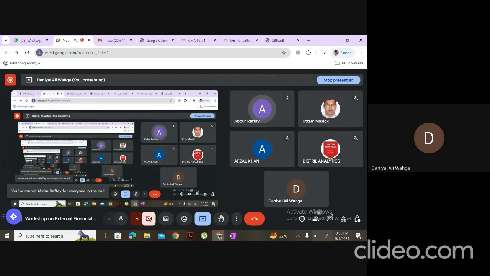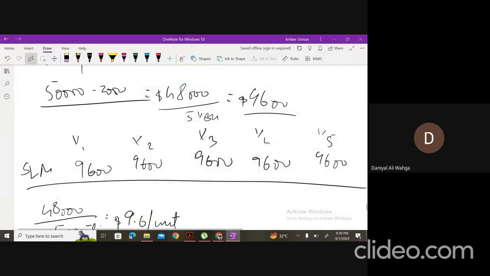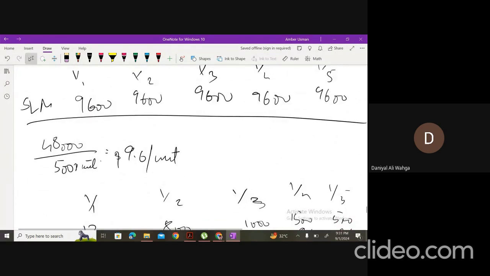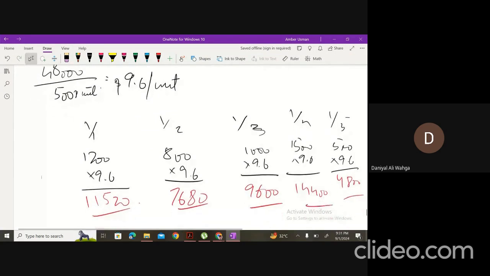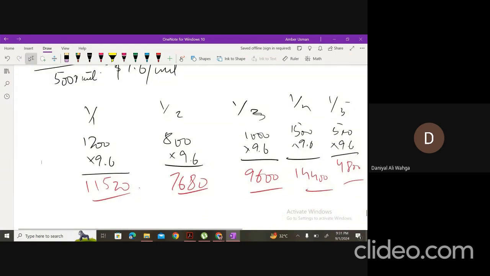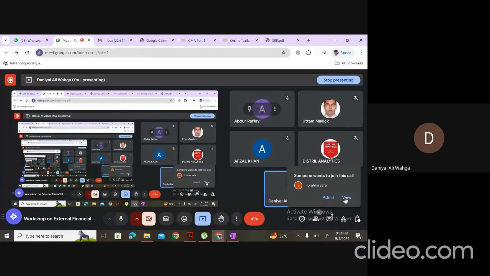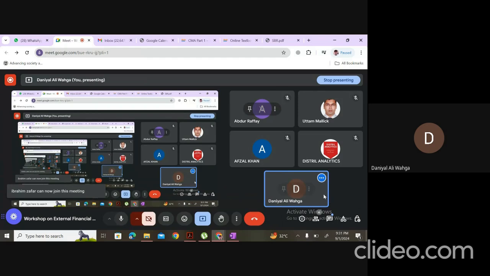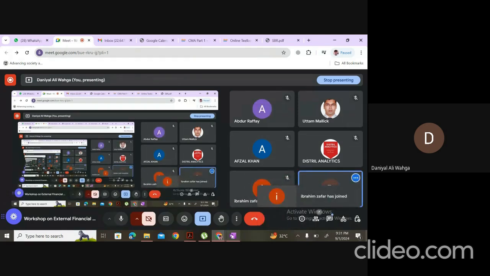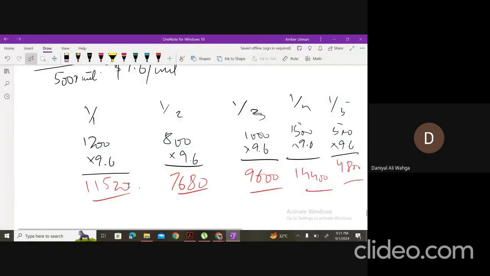Okay. So what I'm discussing here is that the straight line method charges depreciation on a straight line basis. On the other hand, the number of units produced method charges depreciation based upon the number of units produced.